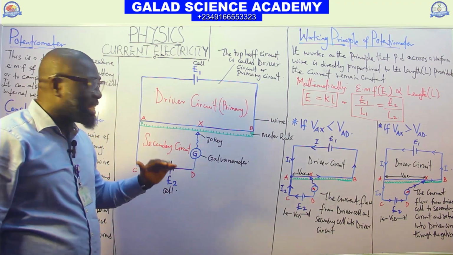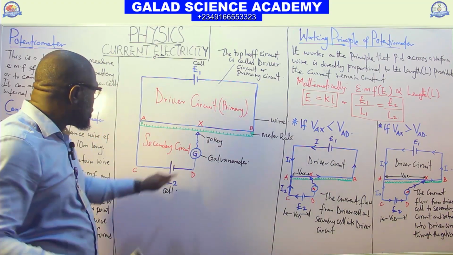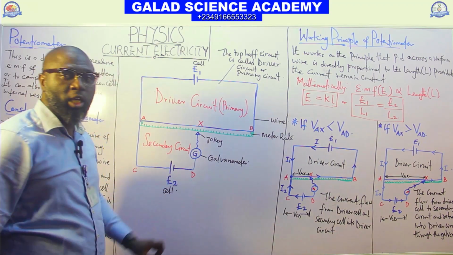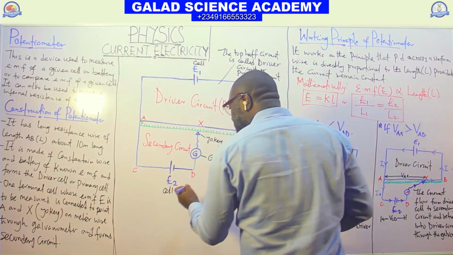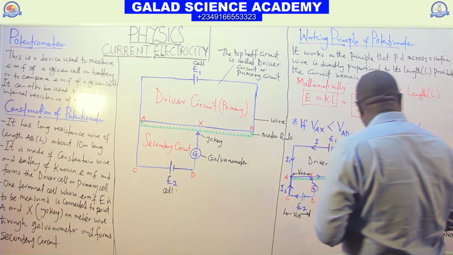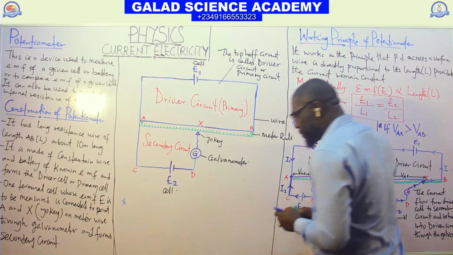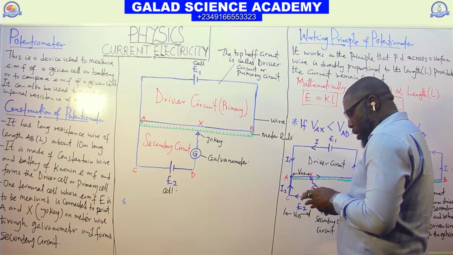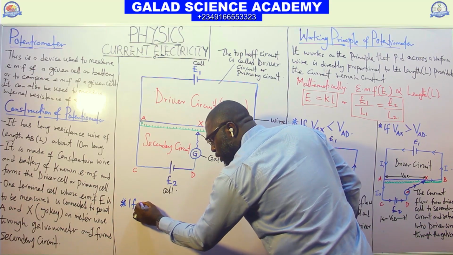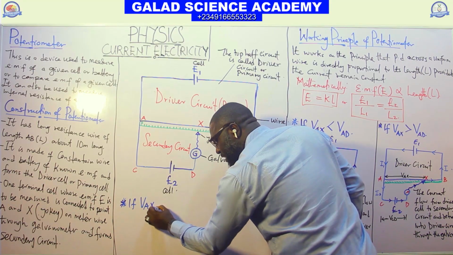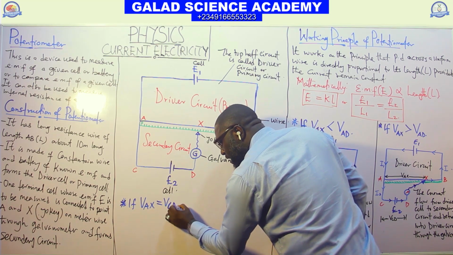At the third case, the potential difference of AX is equal to the potential difference of CD. Third case, Abi. Let me put it here. Third case, if VAX is equal to VCD.